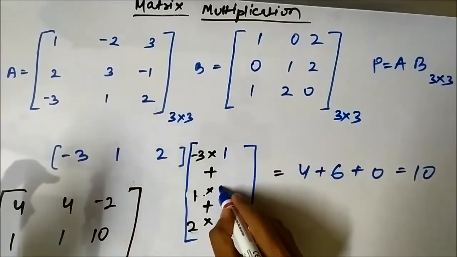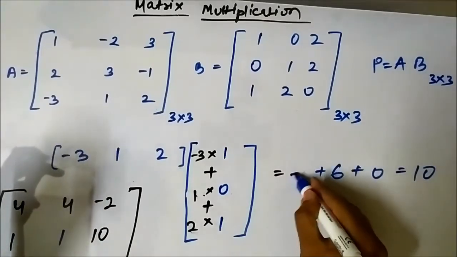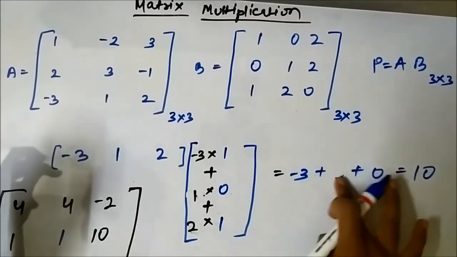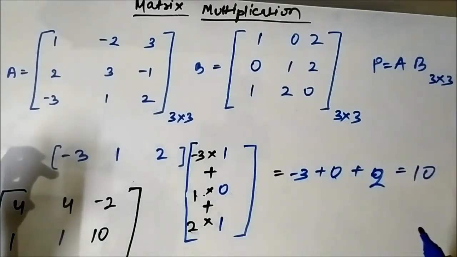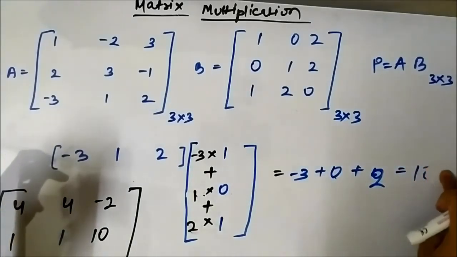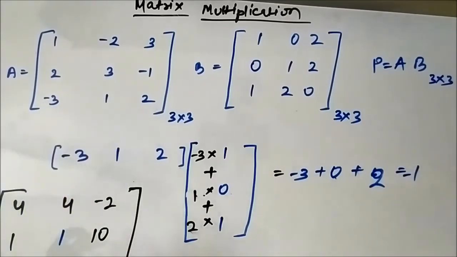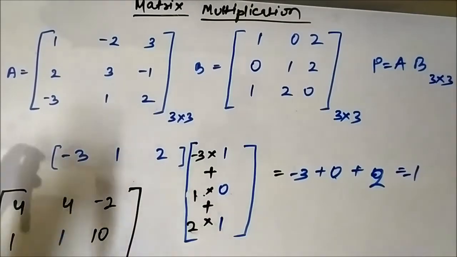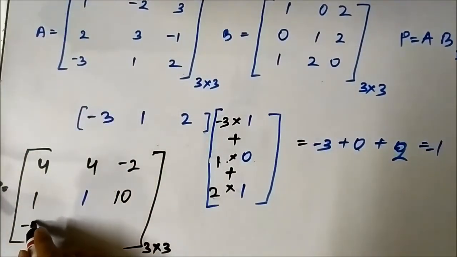The result is minus 3 plus 0 plus 2, which is minus 1. So this gives us the first element of the third row, which is minus 1.